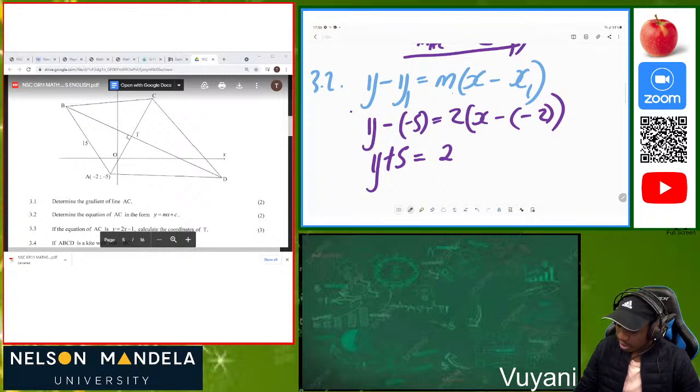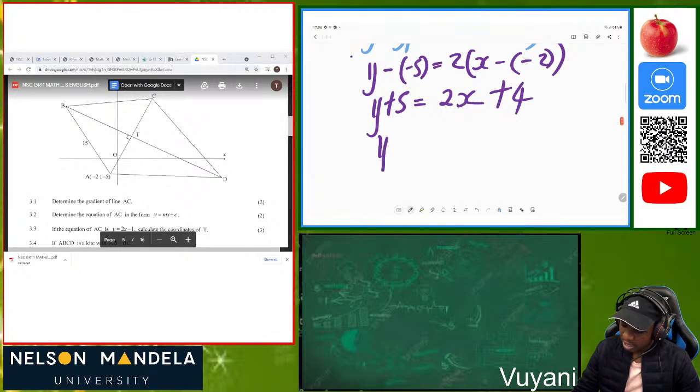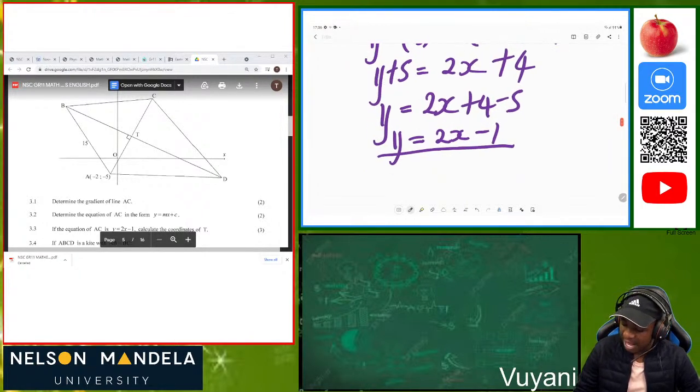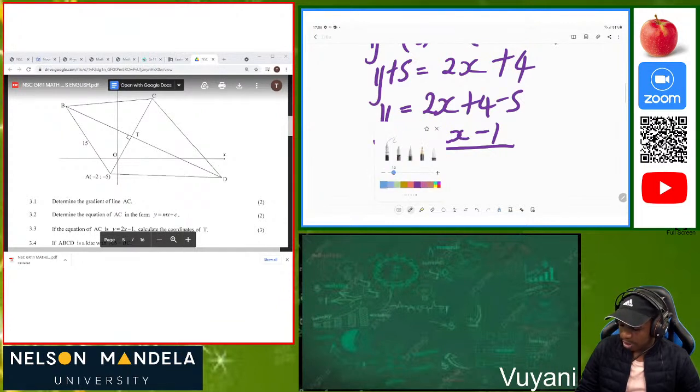Then 2 times negative 2: negative and negative gives positive, so you're going to have positive 4. Then we transpose our 5 to the right hand side, so you're going to have 2x plus 4 minus 5, and we end up having y equal to 2x minus 1. So the equation of line AC is y equal to 2x minus 1.